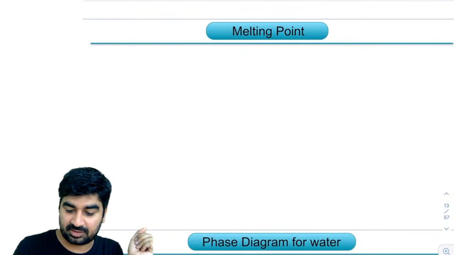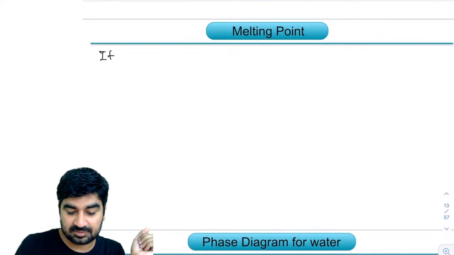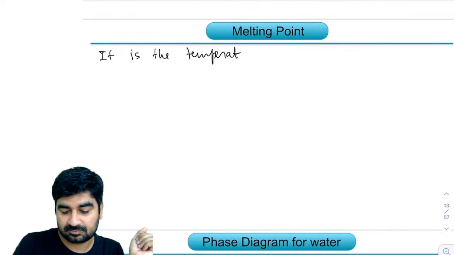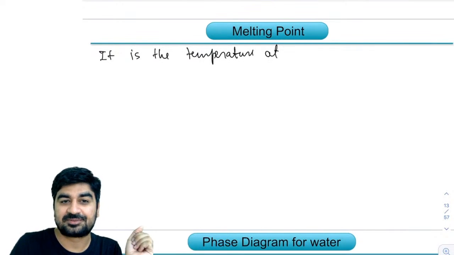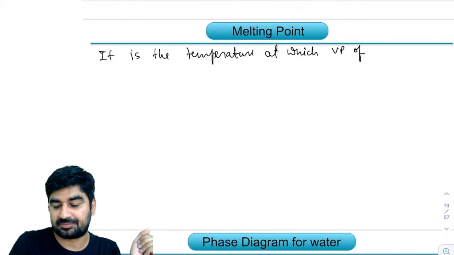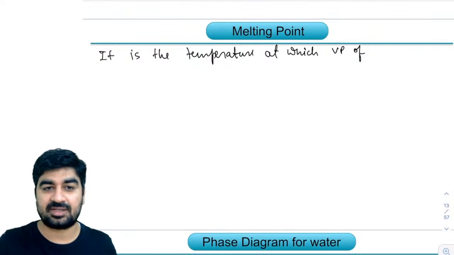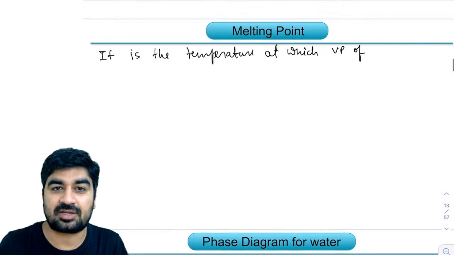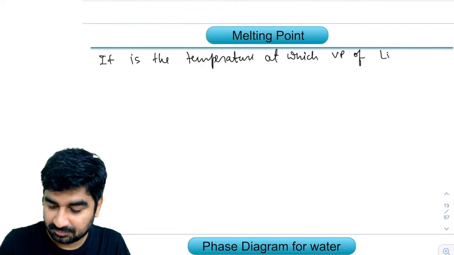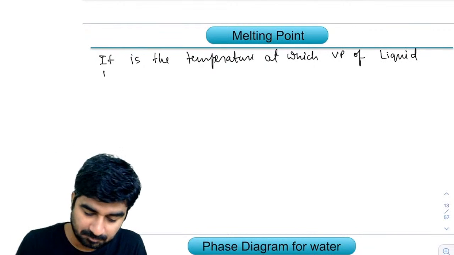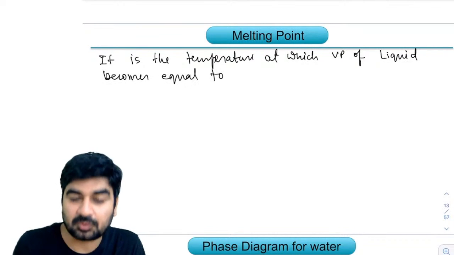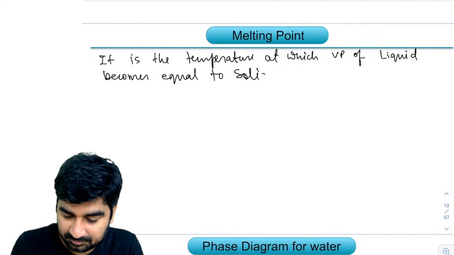What is melting point here? It is the temperature at which vapor pressure of liquid becomes equal to that of solid.